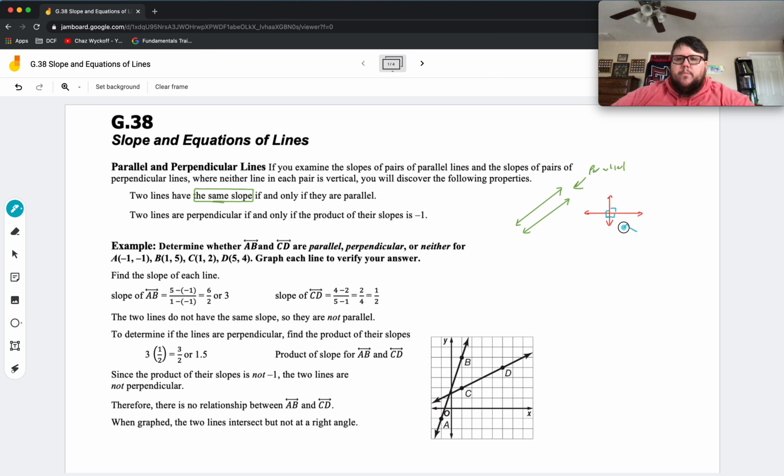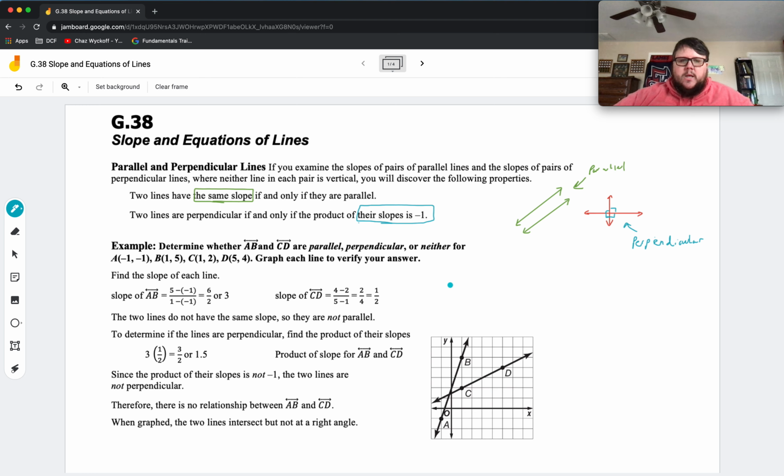So that's perpendicular. And perpendicular lines, if and only if the product of their slopes is -1. So we're going to talk about that. Perpendicular lines have what we call opposite reciprocal slopes.